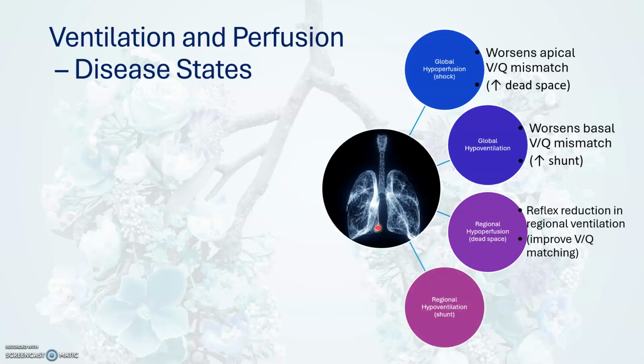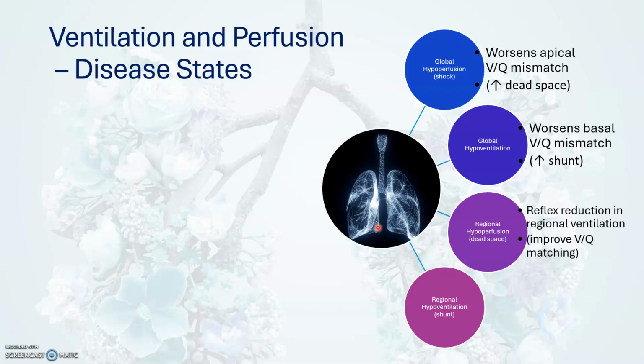Similarly, if we have areas of regional hypoventilation, so a patient with pneumonia, for example, or a patient with ARDS and areas of hyaline lung, or areas with pulmonary edema with the alveoli filled with fluid, those areas are not ventilated. And again, the body has a reflex mechanism to match ventilation and perfusion.